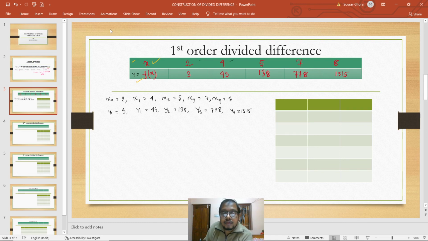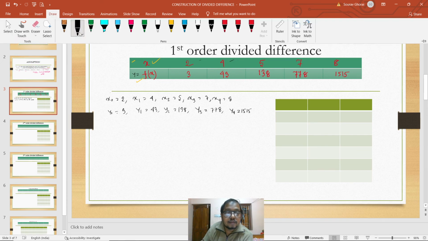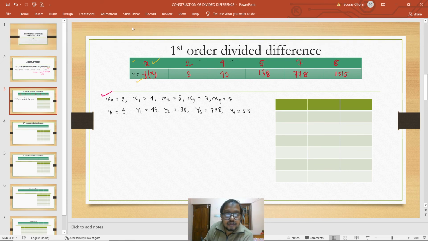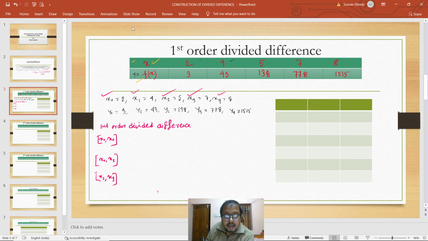How many points are here? That is x0, x1, x2, x3, x4. So the first order divided differences will be for the pairs x0, x1; x1, x2; x2, x3; and x3, x4.